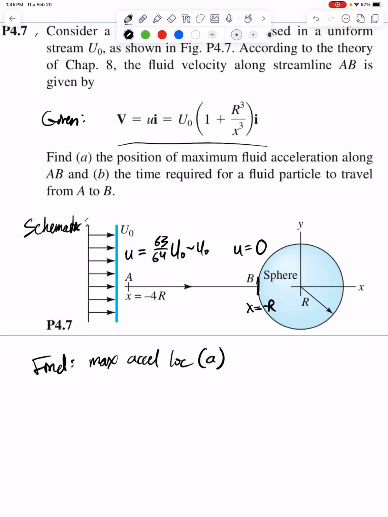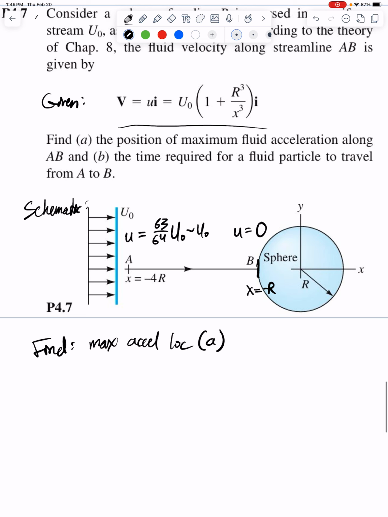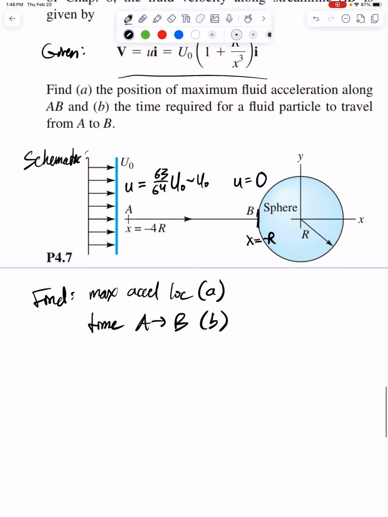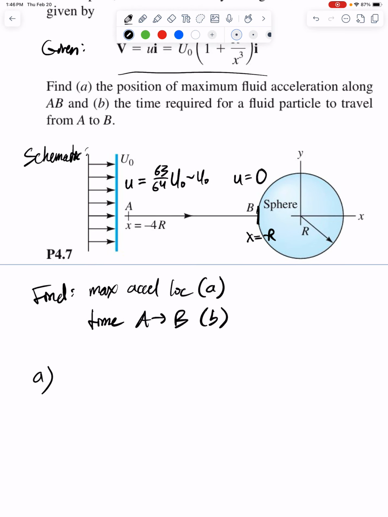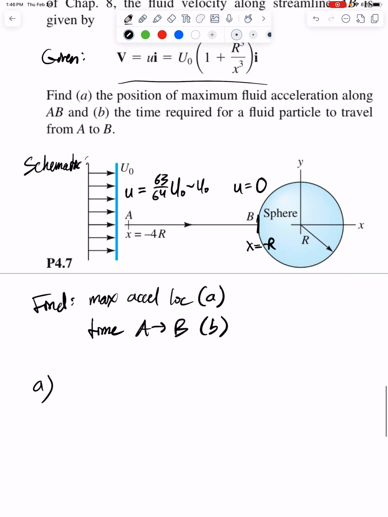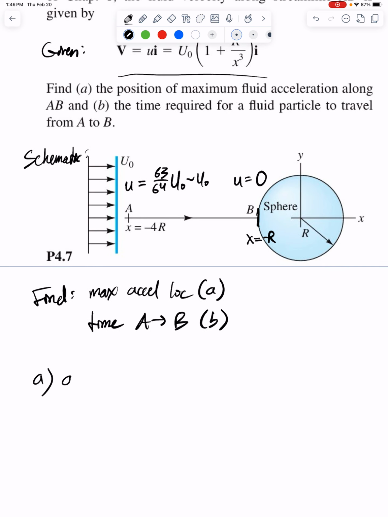Okay, anyways, in part B, we want to find the time it takes to traverse between location A and B. Those are the two things we're interested in this problem. Let's start with A. Once again, same theory, really, but I'm just going to skip it. You take the material derivative: time derivative plus convective derivative. In the end, you'll just get the following.